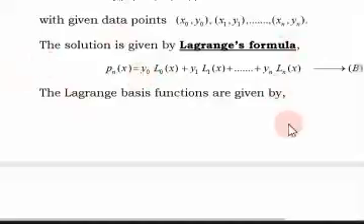You write the other terms: x sub k minus x sub k minus 1, times x sub k minus x sub k plus 1, up to x sub k minus x sub n. So this is the nth order Lagrange formula.